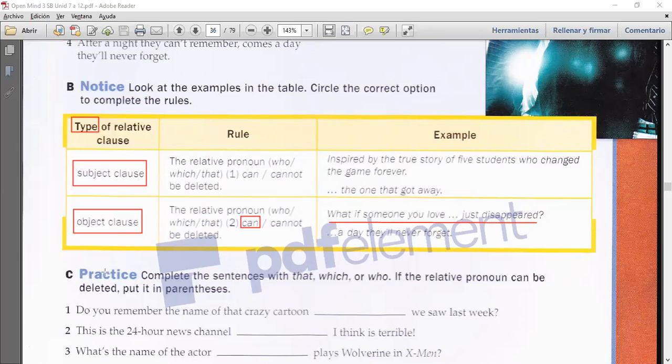What is the object clause? What is the object clause? What if someone you love just disappears? What do you think is the clause?